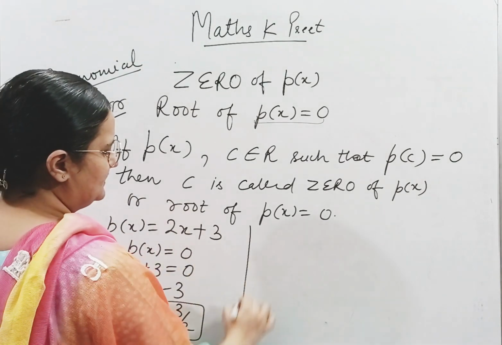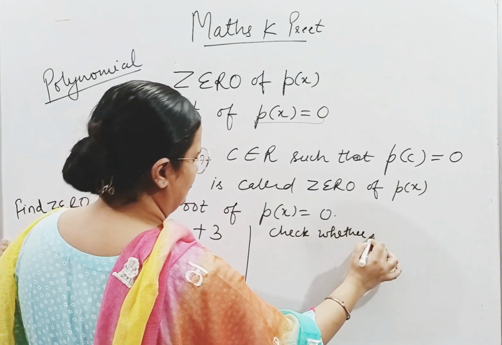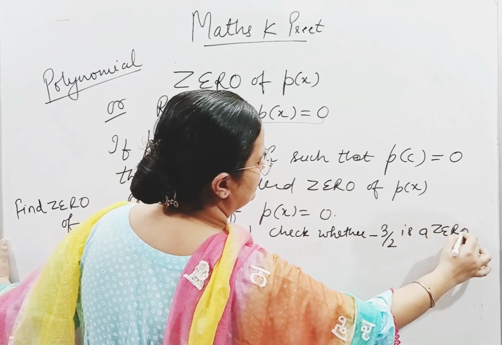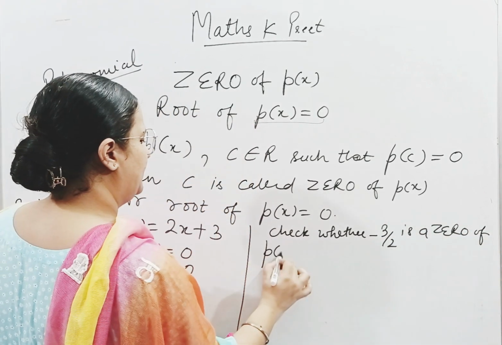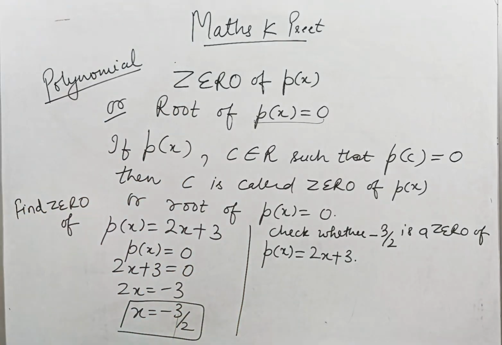The other way they can ask: check whether minus 3 by 2 is a zero of p of x that is equal to 2x plus 3. They can ask us to check it. So what will we do?